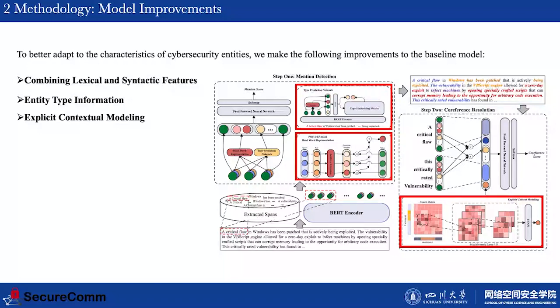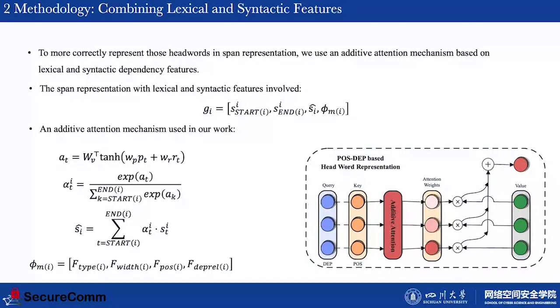Finally, inspired by the fact that a human being would significantly narrow down the search space by sweeping out the mentions in irrelevant sentences when finding the most appropriate antecedents, this work proposed an explicit contextual modeling network based on semantic text matching. First of all, as suggested by prior work, generating the head word representation from word embedding vectors would still be error-prone.